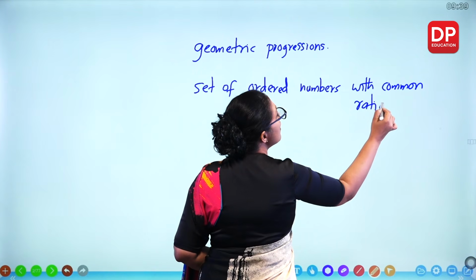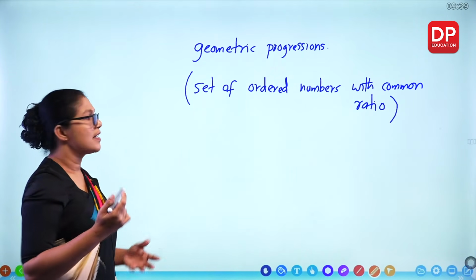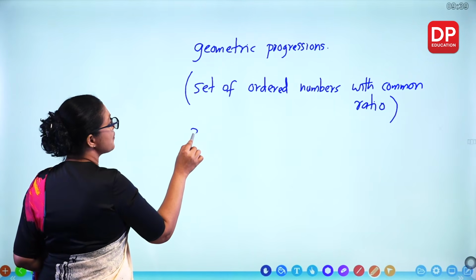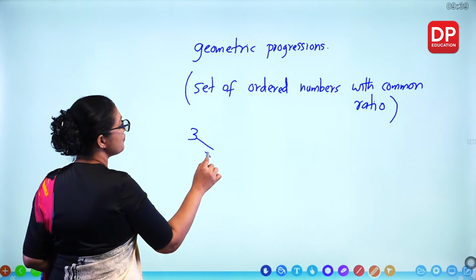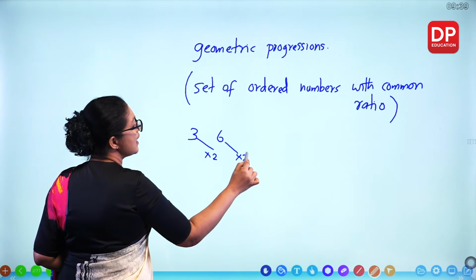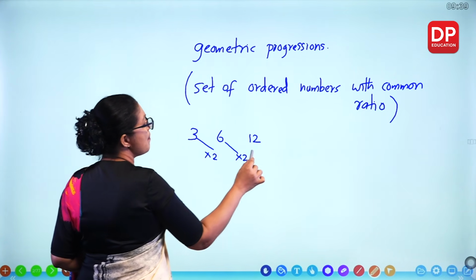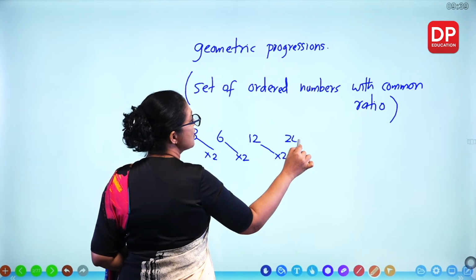So here ratio means multiplication. Think about this example. 3 multiplied by 2. 3 times 2, 6. Multiplied by 2 again. 6 times 2, 12. Multiplied by 2 again. 12 times 2, 24.